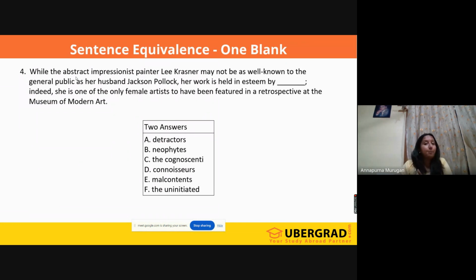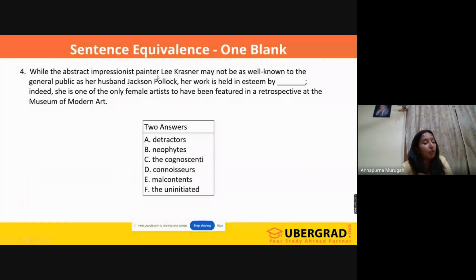It could be an expert, isn't it? Not exactly other artists. It could be experts. Very good. While the abstract impressionist painter Lee Krasner may not be as well known to the general public as her husband.